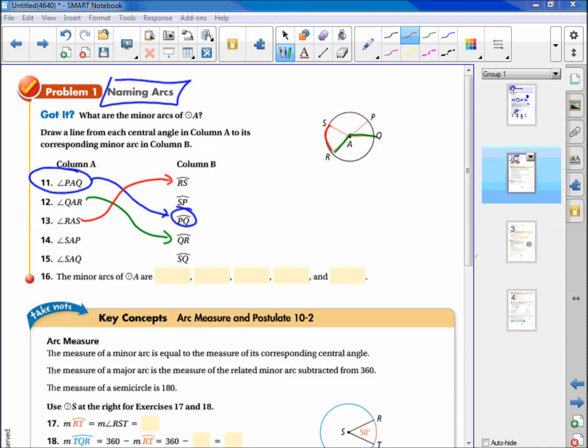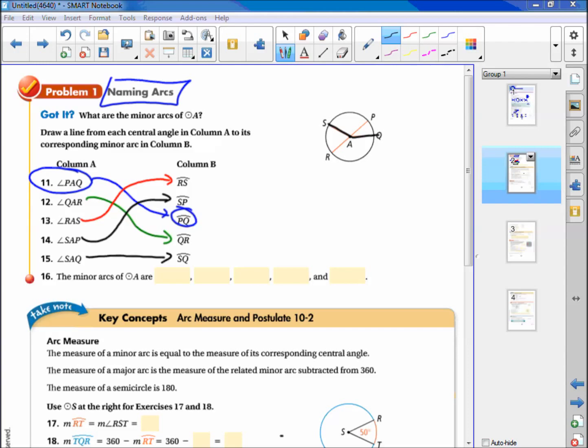SAP is talking about this central angle, so we're going to name this arc, which would be SP. And then SAQ is talking about this central angle, so we're going to name SQ as the minor arc that corresponds with it.